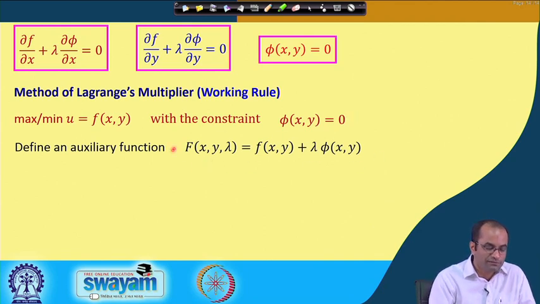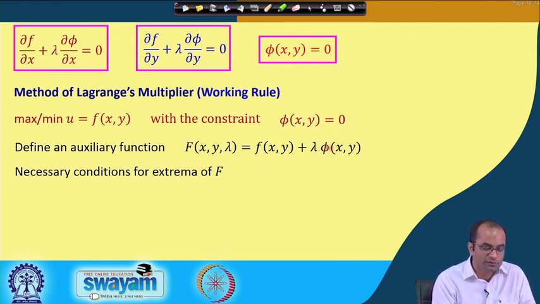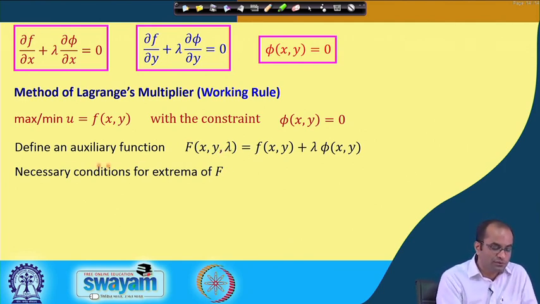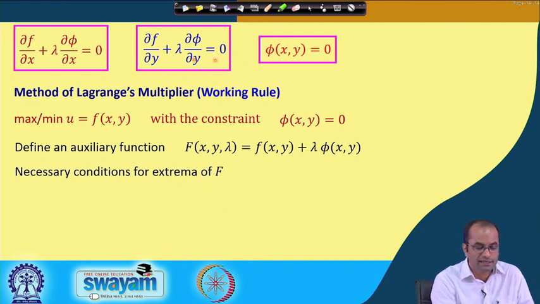So, this is the auxiliary function we define, and then we find the necessary conditions for the extrema of this F. That means the derivative of F with respect to x will be set to 0, the derivative of F with respect to y will be set to 0, and the partial derivative of F with respect to lambda has to be set to 0 to find the critical points of this F. By doing this we will precisely get those equations which we have derived, that at the point of extrema these equations must be satisfied.